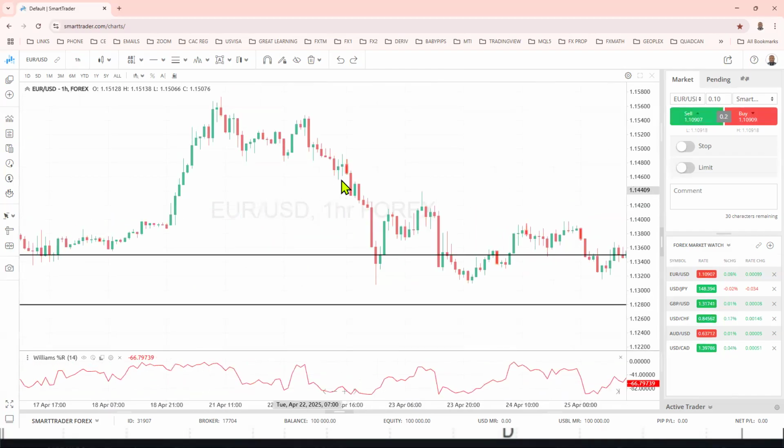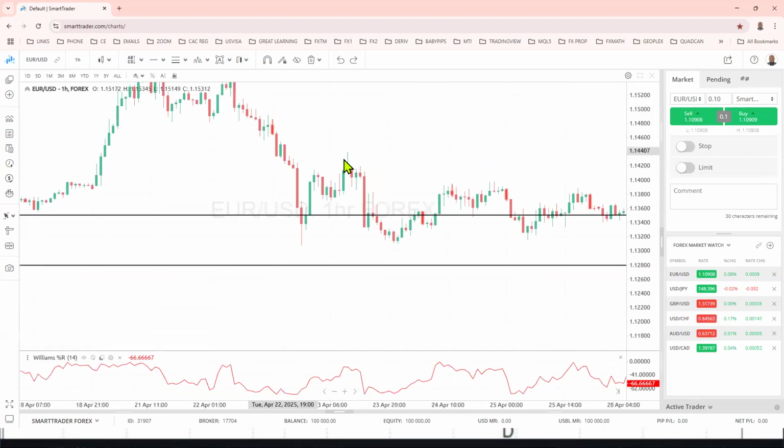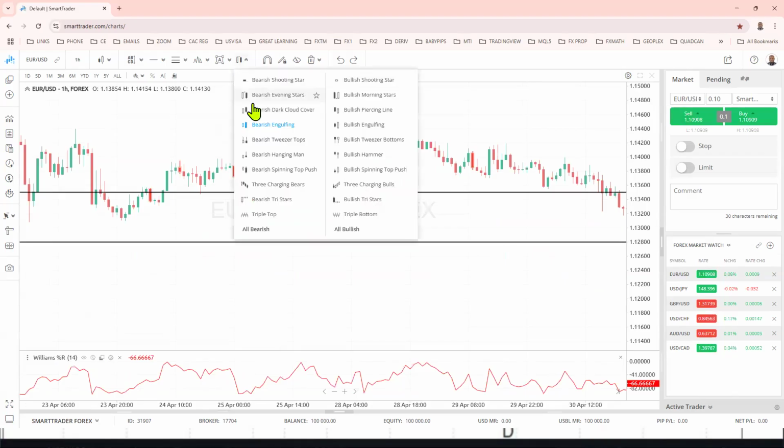And see like this one now, bearish engulf is selling. The market is already selling, and then it now gives you an engulfing bearish. That's like a continuation candlestick. You can go back now and say turn off the bearish engulf, and then you say turn on bearish engulf. Any one you turn on, that's what you'll see.